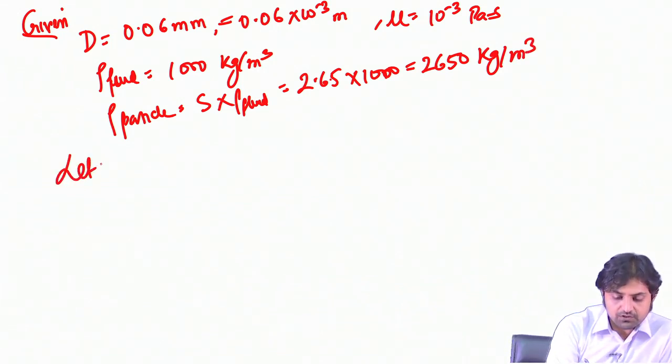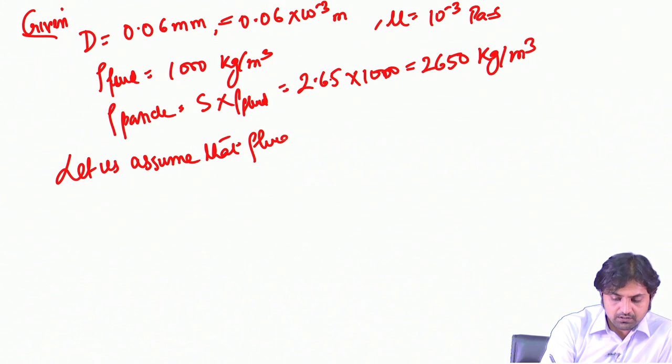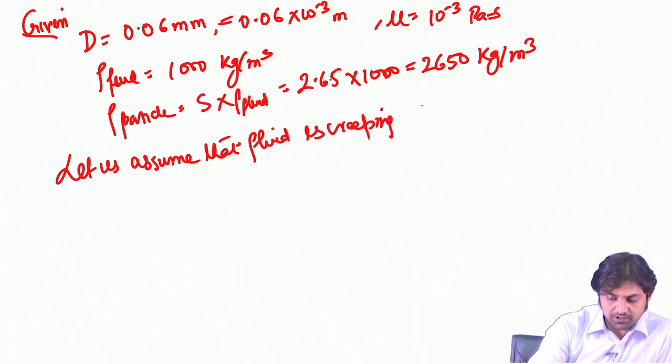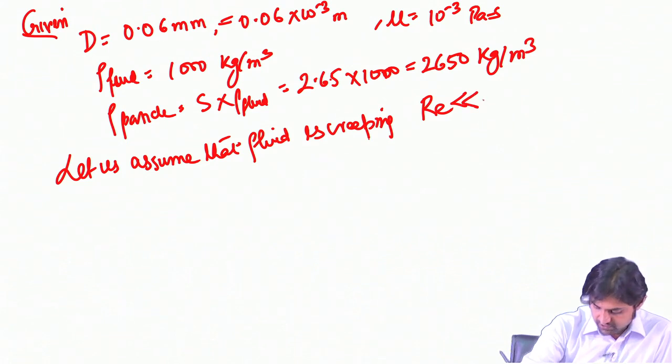So let us assume that the flow is creeping, that is, the Reynolds number is less than 1.